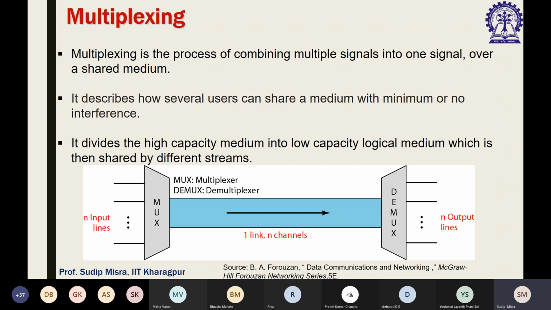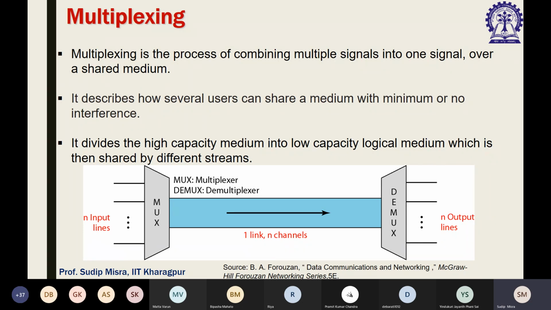We have a single medium, which is shared by multiple pairs of computers, and these pairs want to use this common medium in a certain way so that the maximum data can be transmitted per unit time. That's the whole idea. So how do we do it?